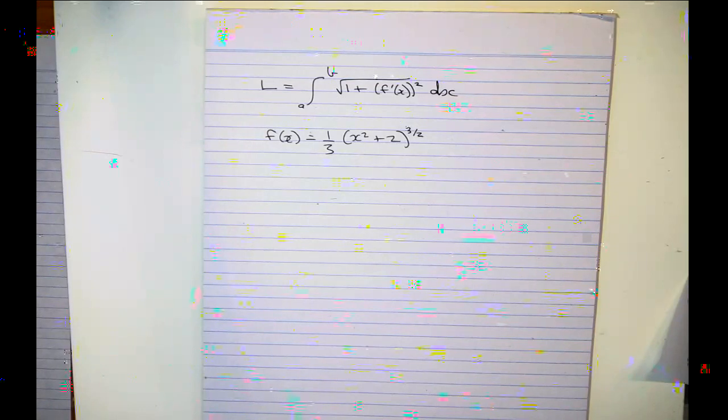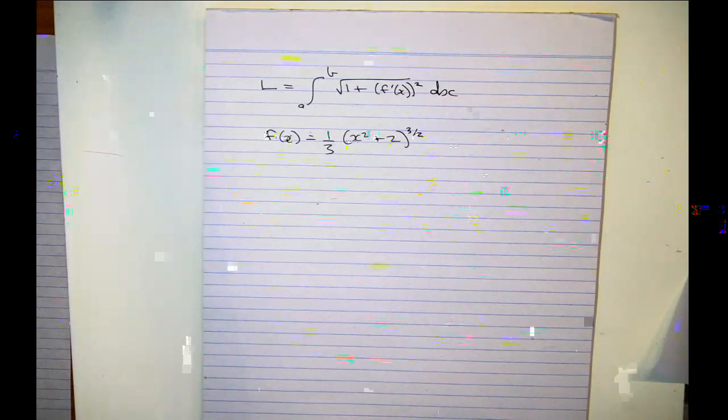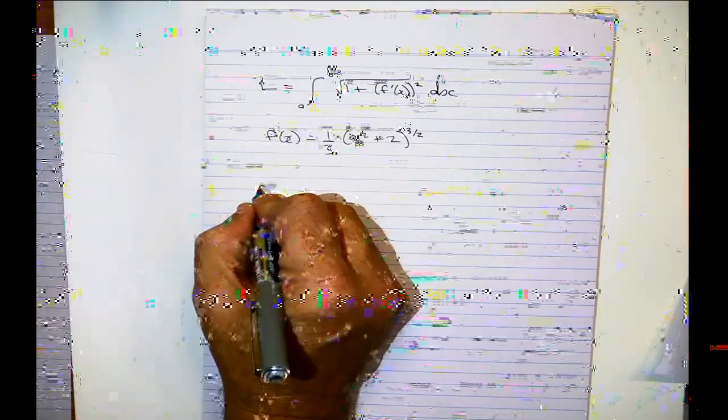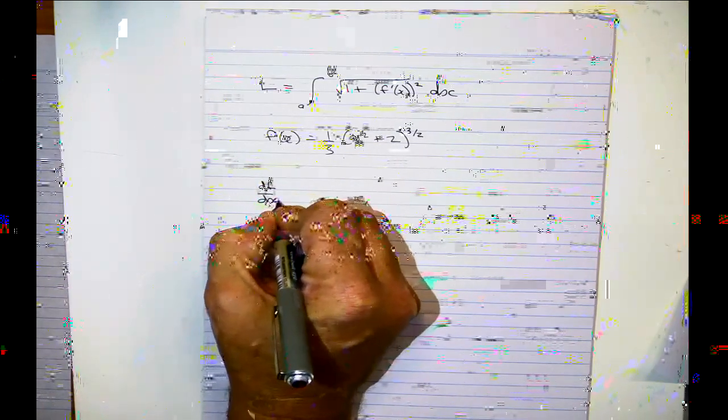We have an integral method that we can handle these. If nothing else works, it's not pleasant, but we can do it. But what I would do first is hope I was kind and gave you one where the square root magically disappears. So the first thing I would do is find the derivative of this.